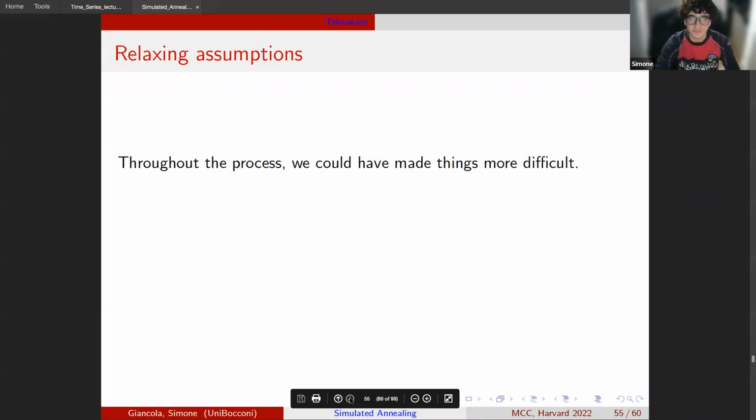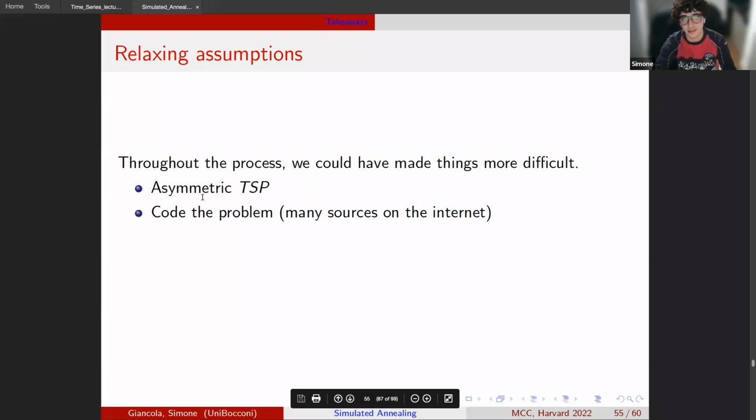So we have kind of found a way to solve this issue of the traveling salesman problem, but yet we have to make some observations. First of all, we have made some assumptions along the way that do not make the instance generalizable. TSP is assumed to be symmetric in this case. It could have been asymmetric, making the distances a little more intractable.